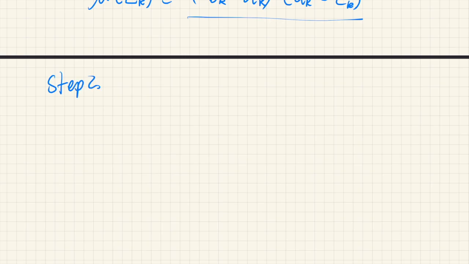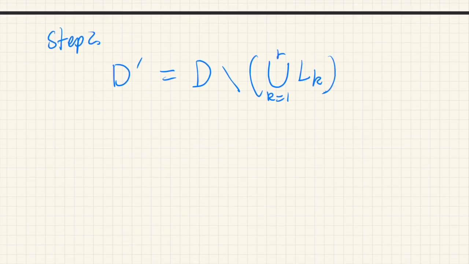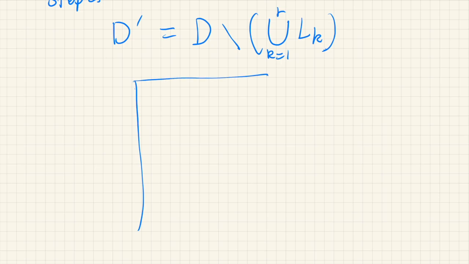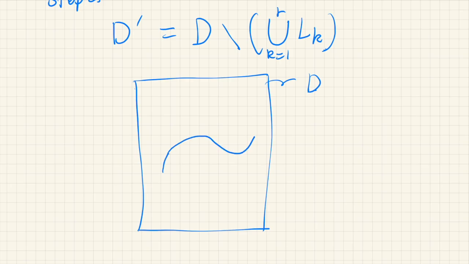Step 2 is we define a set D prime by D set minus the union of all L's. Intuitively it is something like this. We have D here, this rectangle, and suppose this is A. Since it's a null set, we have a set of open rectangles that collectively cover this null set.